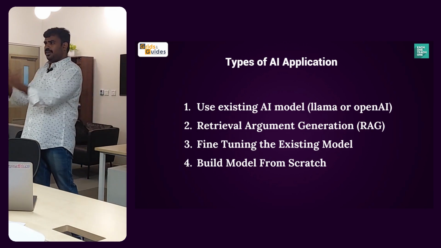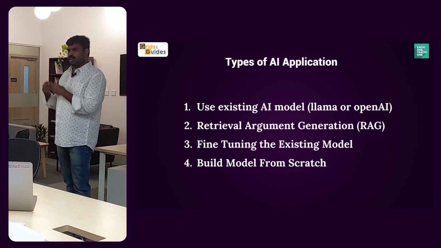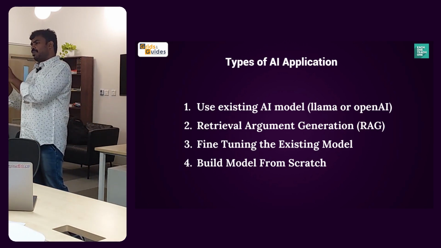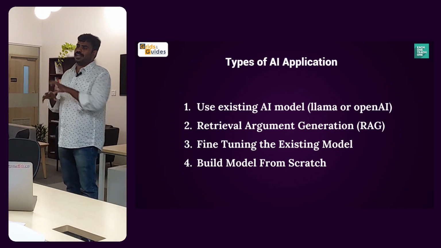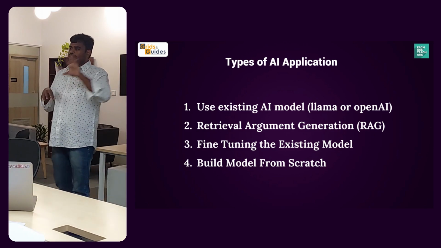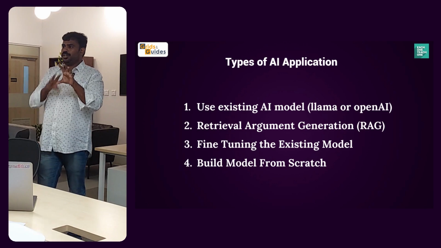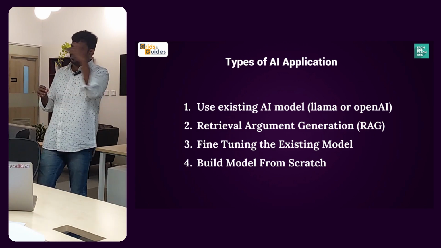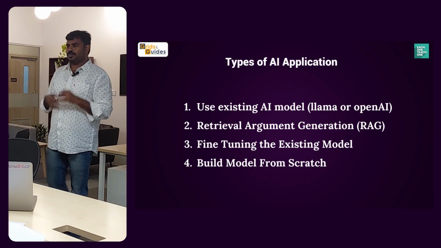If you ask any questions regarding medicines or hospitals, this model will answer well compared to the original Llama. They took the Llama model, fine-tuned it with their own data set, and released it as BioLlama.